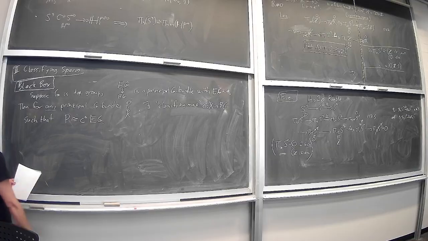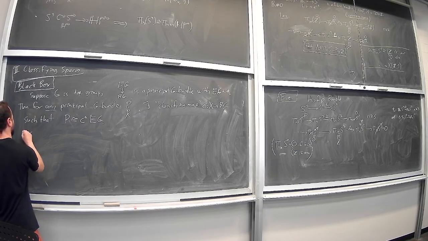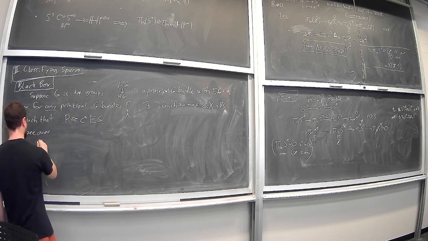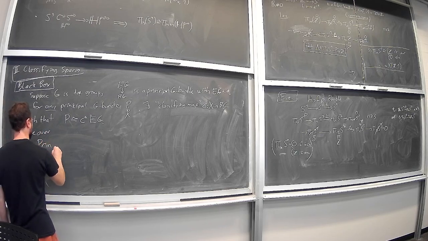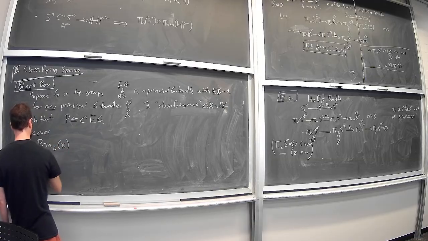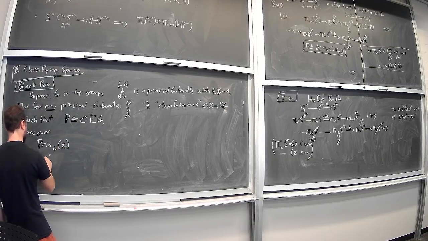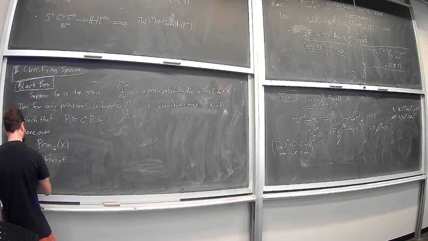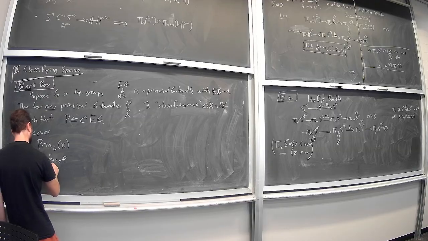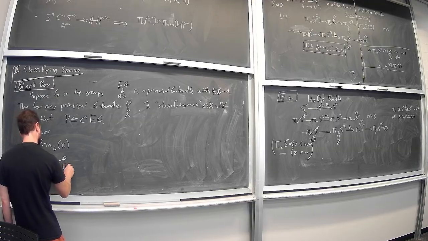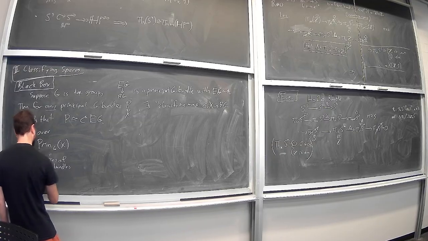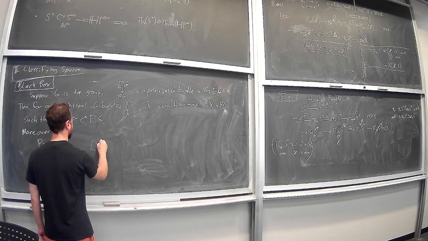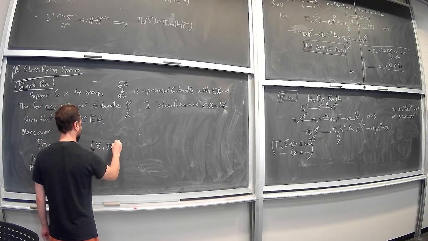And moreover, to be even more specific, if we say Prin_G(X) is the set of isomorphism classes of principal G bundles over X, this is in bijective correspondence with the homotopy classes of maps from X to BG.